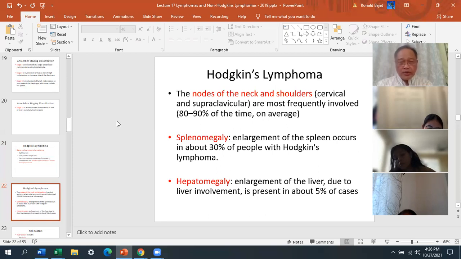So most of the time in Hodgkin's, it's involvement of the neck and shoulders, 80 to 90%. 30% is an enlargement of the spleen, and to a lesser degree, you're going to have enlargement of the liver, and that's 5%. Okay, so those are the areas Hodgkin's lymphoma will affect. First, the head and neck, the neck and shoulders. Next is the spleen, and next is the liver.